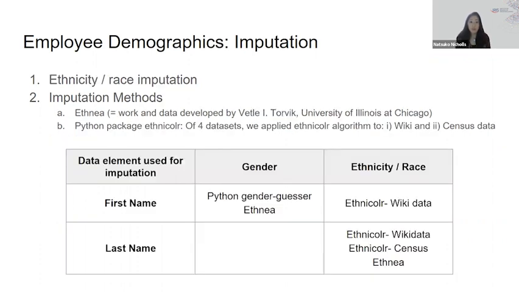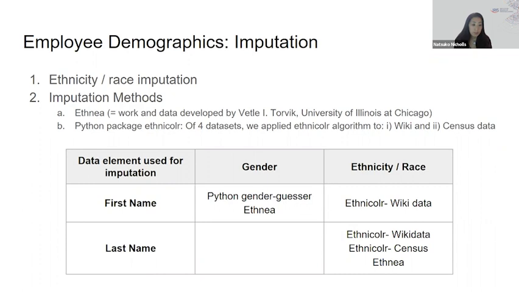After a validation test on ethnicity imputation, we sought another method, this time using the Python package called ethnicolr. With the previously used Ethnea method, we included 4 different variables instead of just 1, so that researchers have options to choose from.